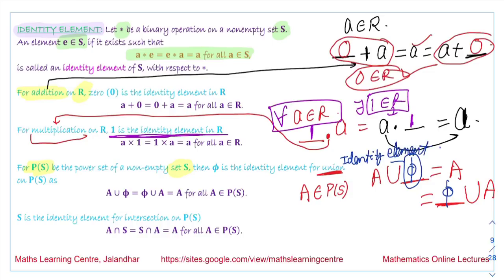Next is the identity element for the intersection. Again, we are considering this set A from the power set.